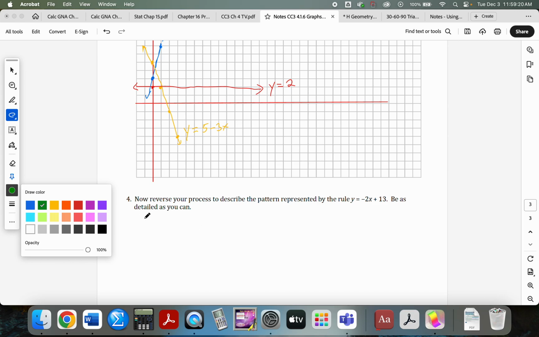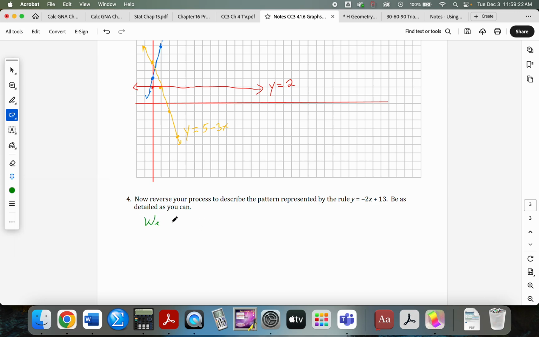All right, we start with 13 tiles. Then what? Subtract 2. Okay, we subtract 2 for each additional figure number.